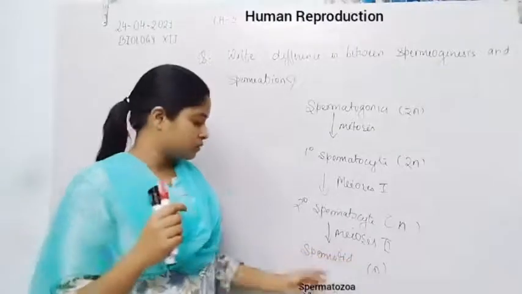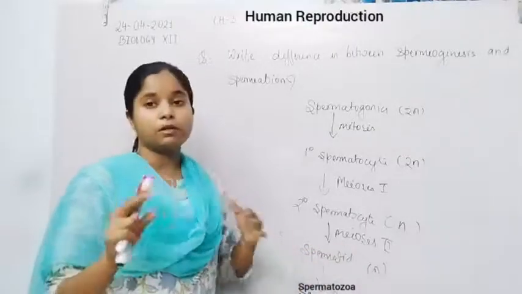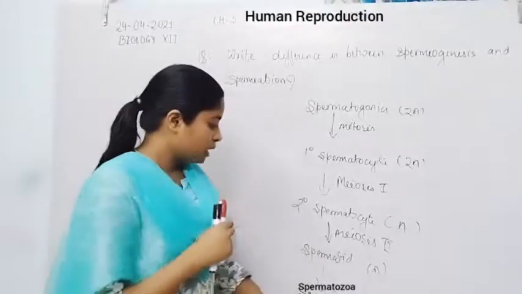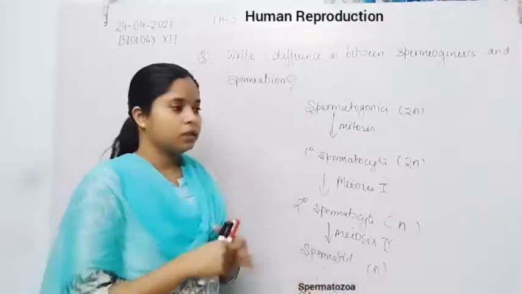In the NCERT book, the structure of the spermatid is given as a circular structure.